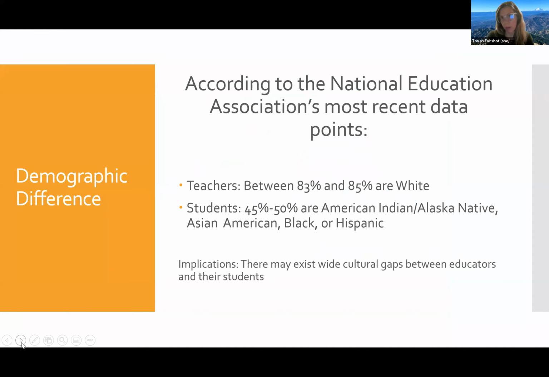And it is really important to recognize, although when we talk about race, we're not talking about culture, right? Race and culture is different, but they often are connected in terms of some cultural experiences. According to the National Education Association's most recent data points, and the NEA is the largest education association in the country, what we know is that the majority of teachers are white.